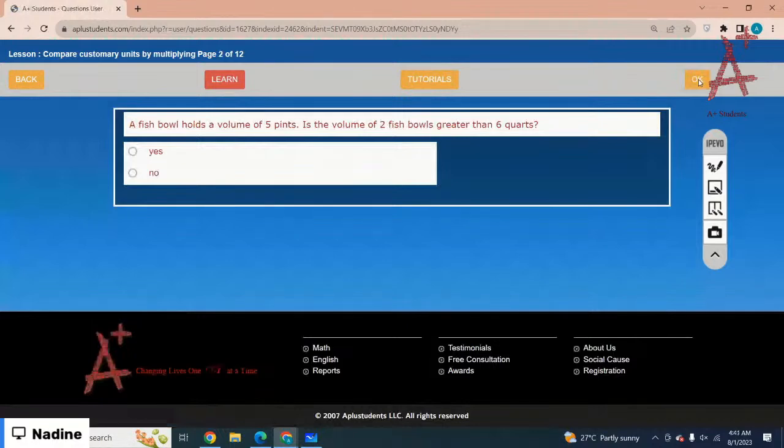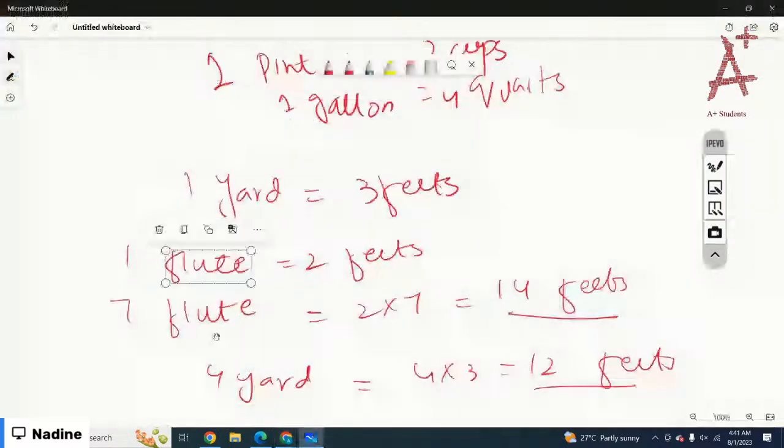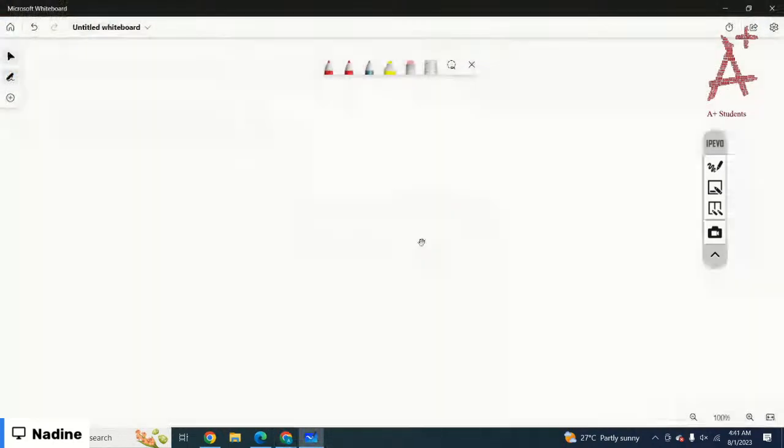So we know that in 1 quart you have 2 pints, right? 1 quart equals 2 pints.